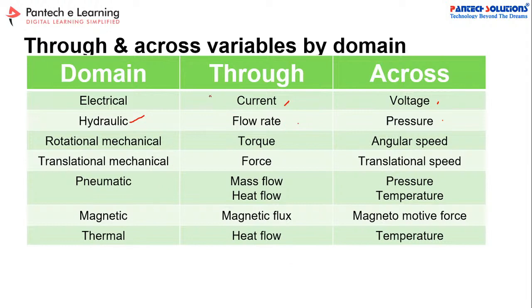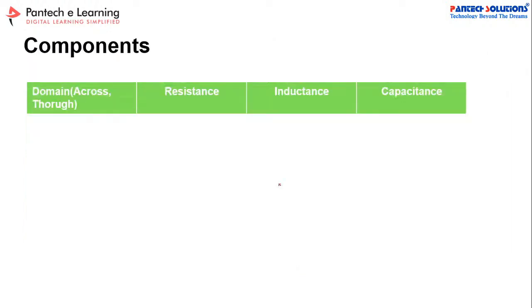You can easily understand this in the electrical system. Suppose you are an electrical engineer: the current flows through the wire, and the voltage is the difference between the two points, right? Similarly, you can equate all these parameters for the various domain systems. Now we have to identify the components.